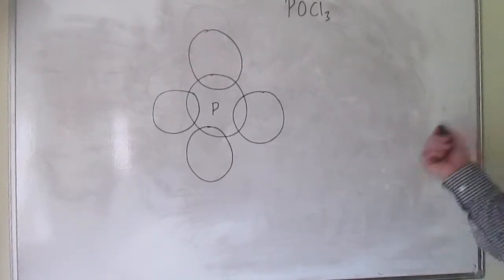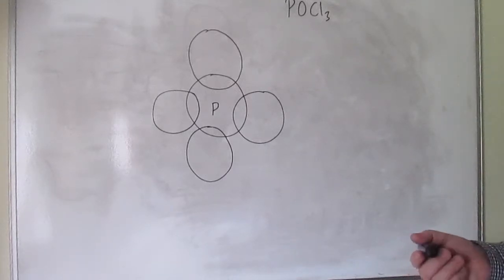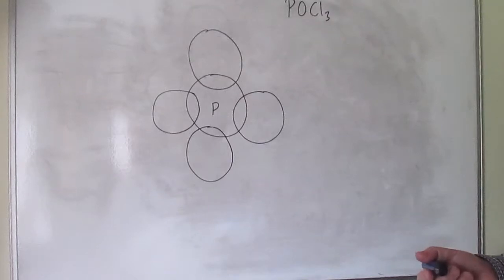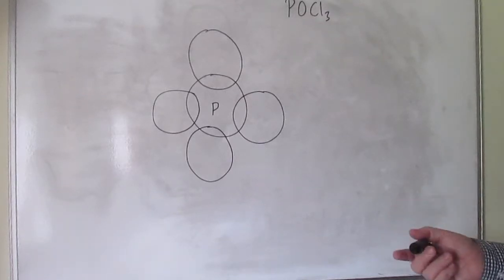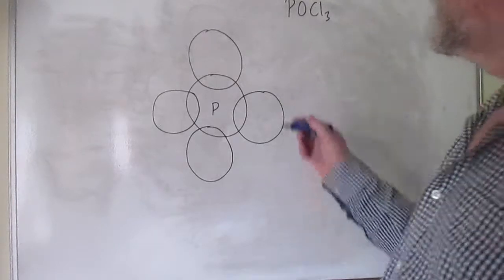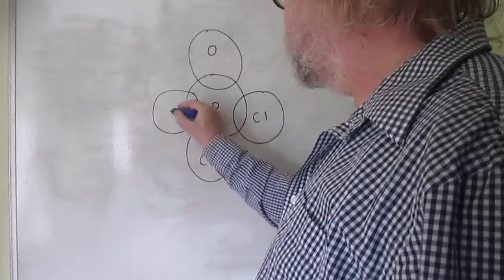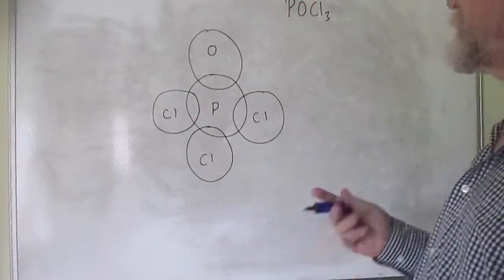Phosphorus, on the other hand, is much less electronegative, and also, because it's in period 3, it can go beyond 8 in its outer shell, and that's really the crucial thing, which makes it the best candidate to put in the middle. So that means that we have an oxygen and 3 chlorines around it. If we start with the 3 chlorines, they're straightforward.